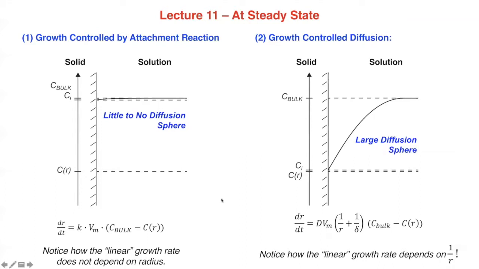And you get two different linear growth rates here. This is the linear growth rate for the diffusion controlled case that's related to the diffusivity and also related to the particle size. Whereas over here, the linear growth rate is not controlled by particle size to a first approximation.